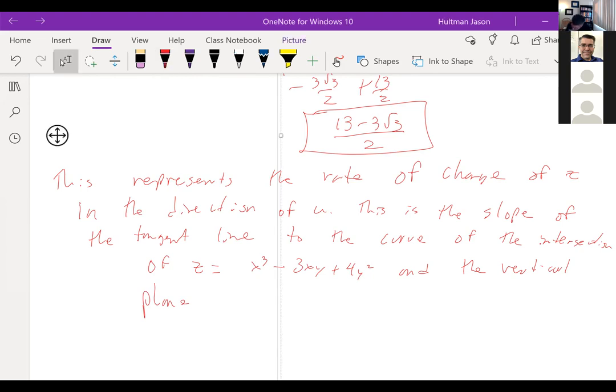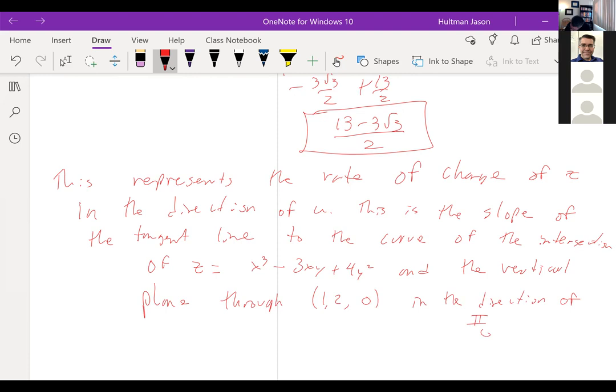On the vertical plane through 1, 2, 0, in the direction of pi over 6.